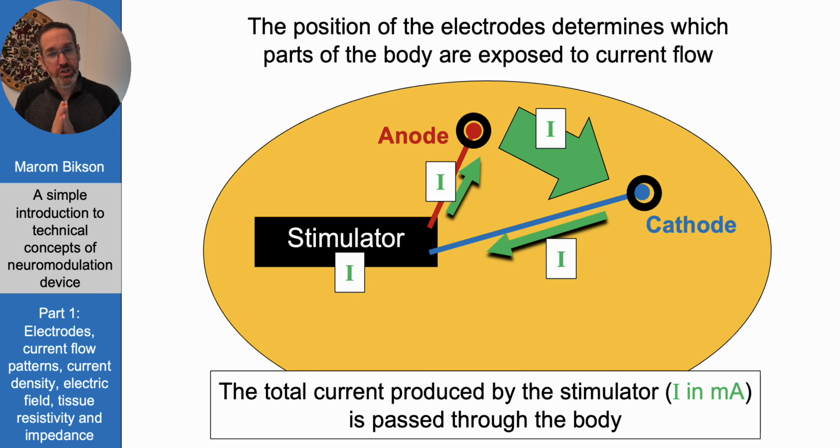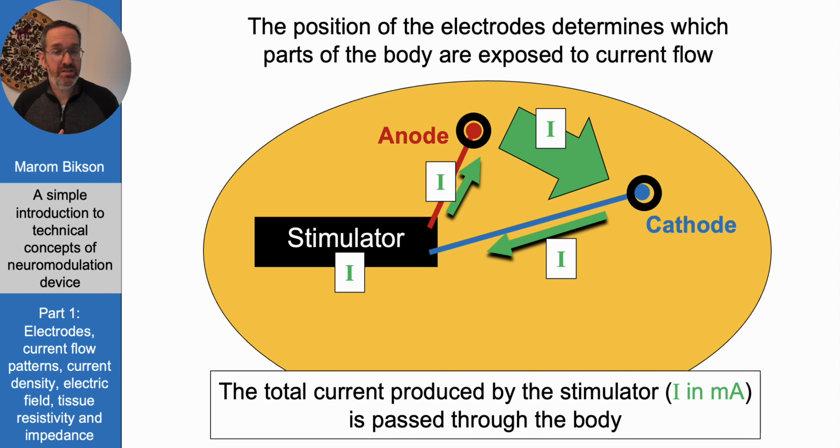We also get the appreciation that when we talk about stimulation, there is sort of one current. There's the current that exits from the device, travels down the wire to the anode. That same current must enter the body, and then it is sucked up by the cathode and is drawn back. And so when we talk about stimulation, we'll often talk about stimulation current or voltage as far as intensity.